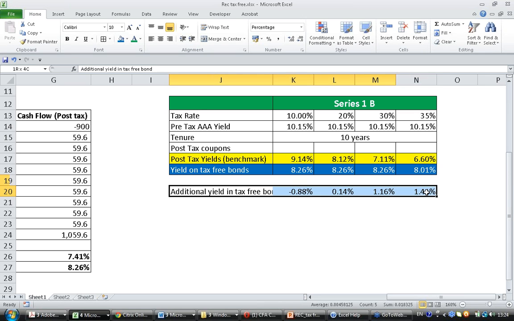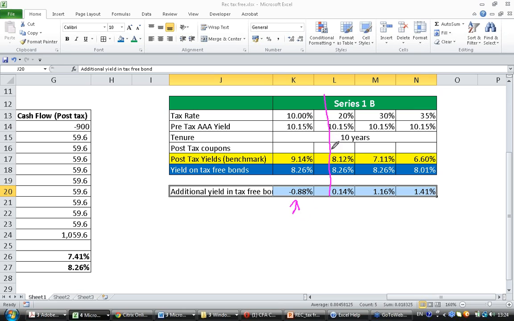So as you can clearly see here, this tax-free bond makes sense only for investors with a tax rate of 20% or above, because for a person with a tax rate of less than 20%, he actually will not make any extra money by investing in a tax-free bond, because he is anyways paying lesser tax.